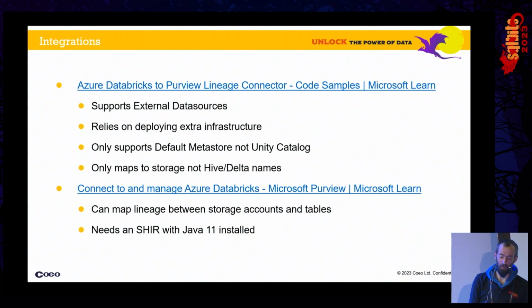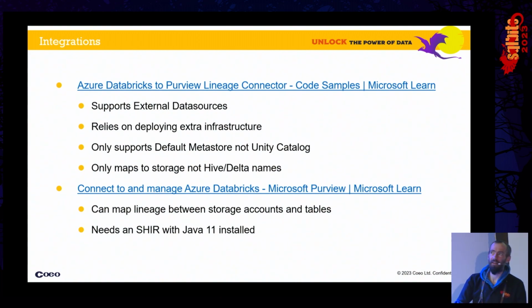That's all you're getting out of the box. And you need a self-hosted integration runtime with Java 11 installed. Not 8, not 18, 11. Don't ask me why. It just doesn't like any other version of Java. But does anybody like Java? No, that's a question.